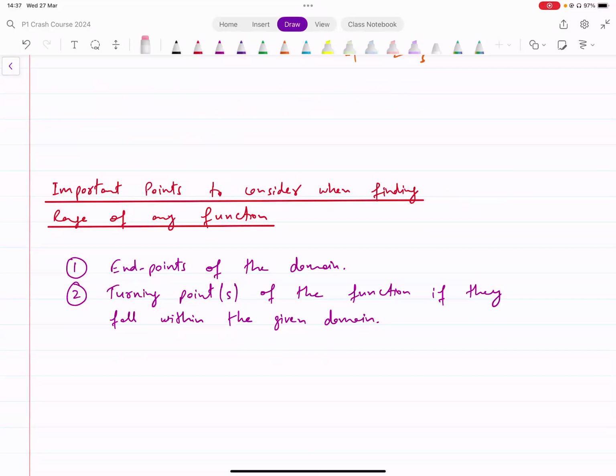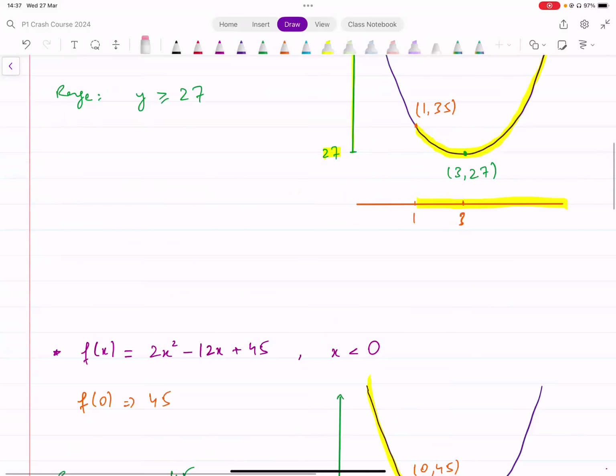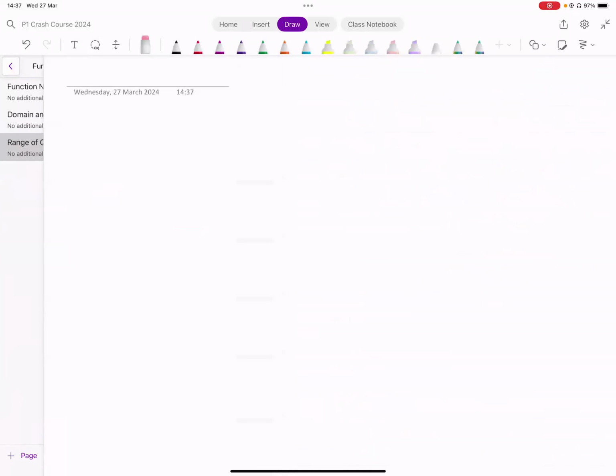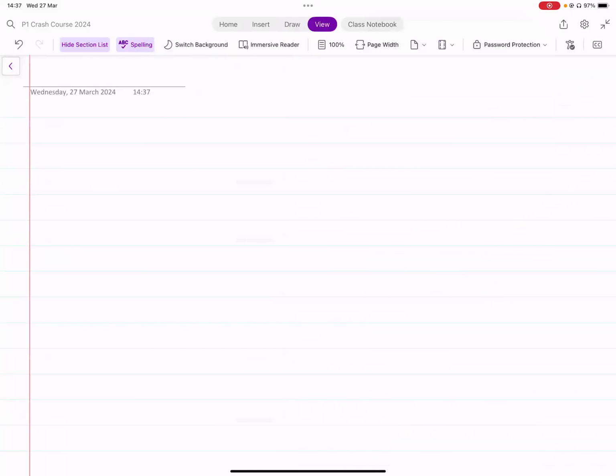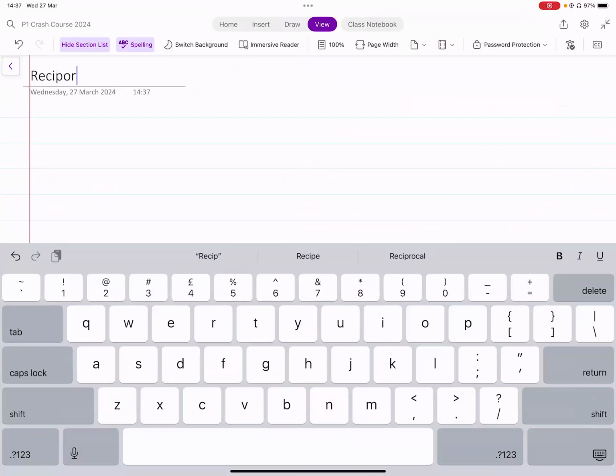Now, today we want to move on to the next type of function for which we need to understand how to find range, and that is reciprocal function. Let's start with that. Reciprocal functions.